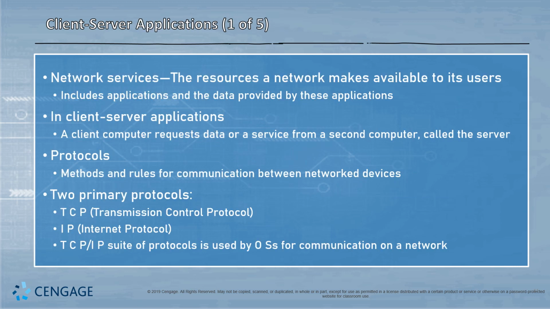Now, network services, things that the network controller will provide, are the resources that a network makes available. So that can be just data, like a file share, things like that, or applications. There are applications that run, you can hear this in the cloud computing world now. They have what's called IaaS, which is infrastructure as a service, PaaS, which is platform as a service, and then SaaS, software as a service.